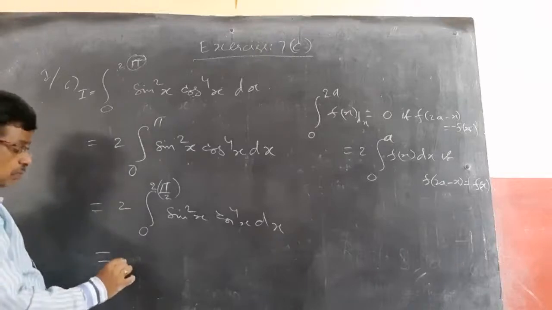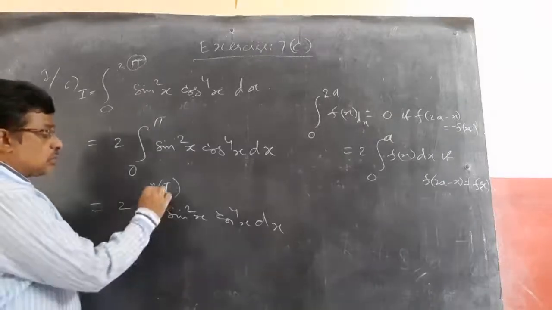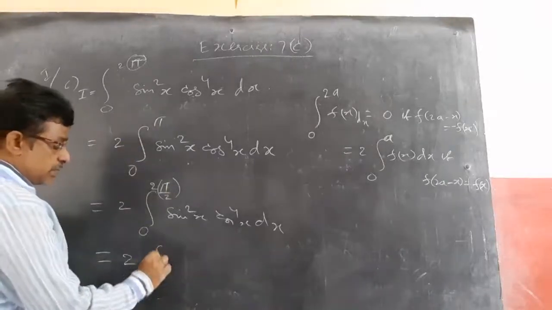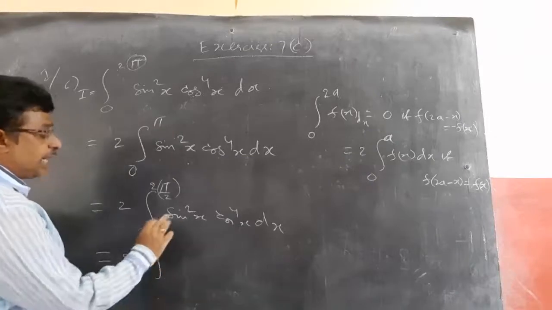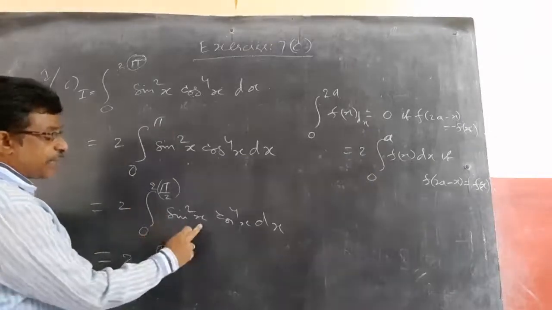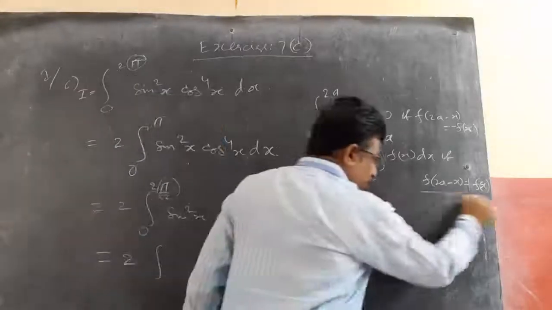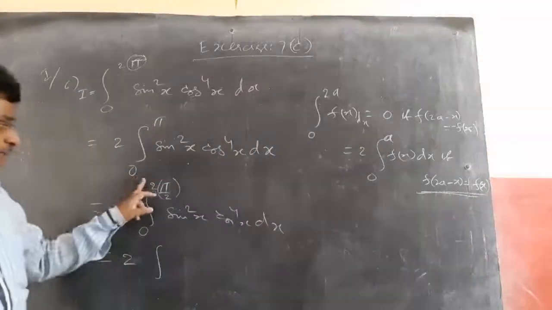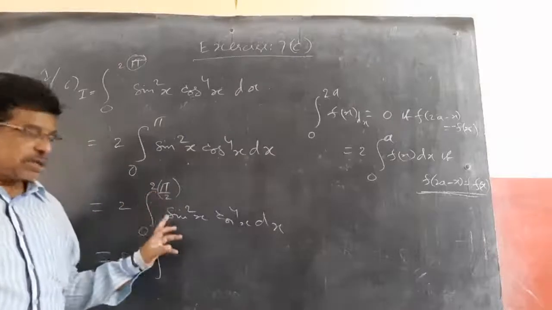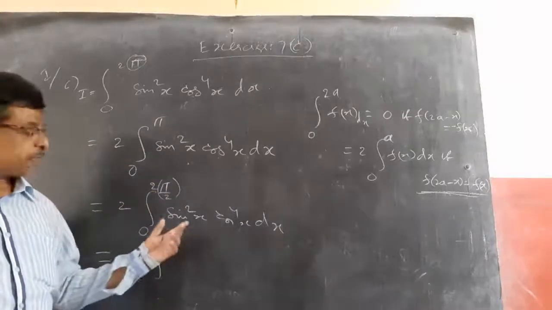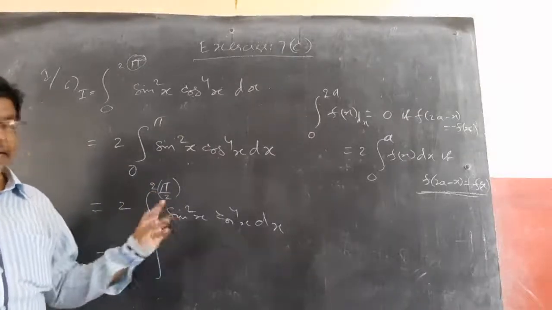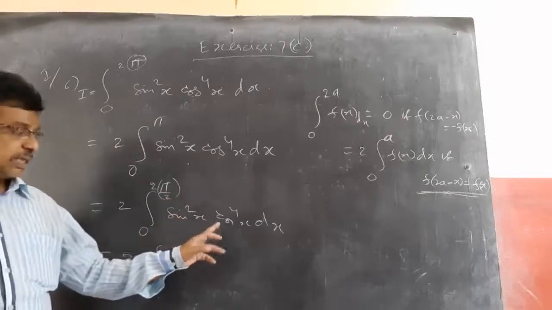This is 0 to 2a f(x) dx. So what is sin of pi minus x? Now I am finding f of 2a minus x, that is f of 2 into pi by 2 minus x, so pi minus x. Wherever x is there, I substitute pi minus x. Sin of pi minus x is plus sin x.